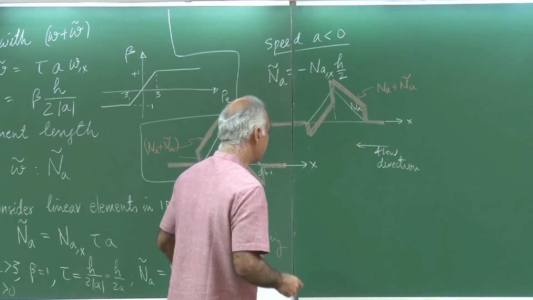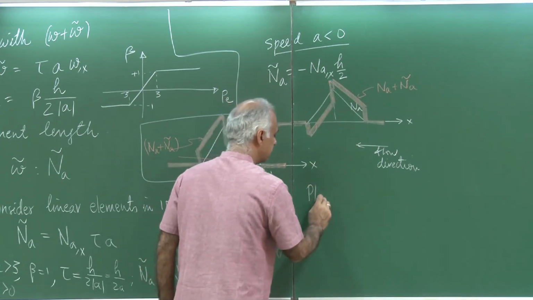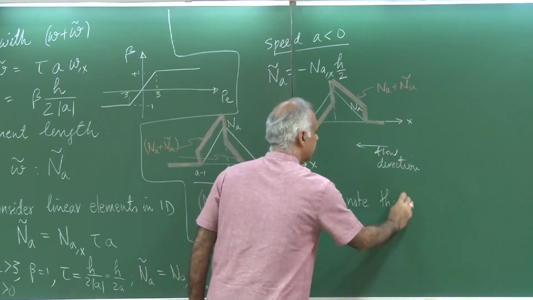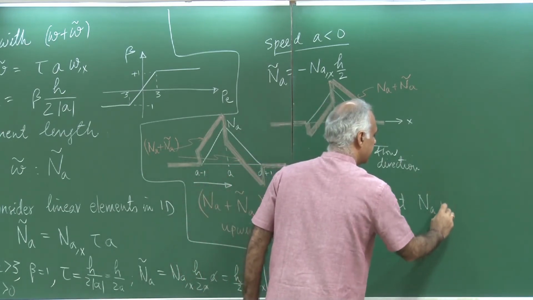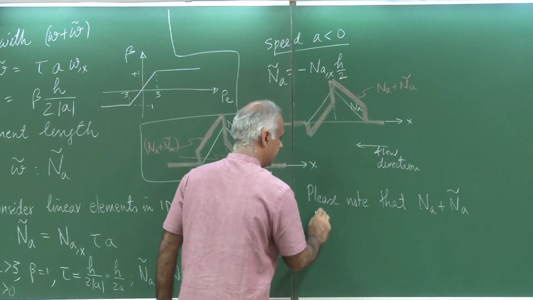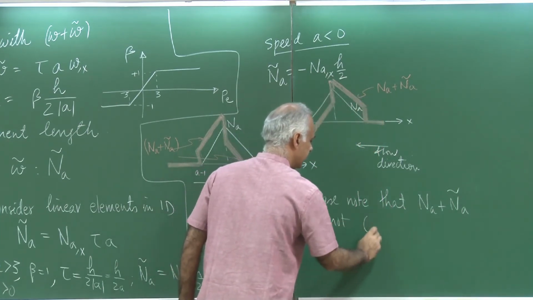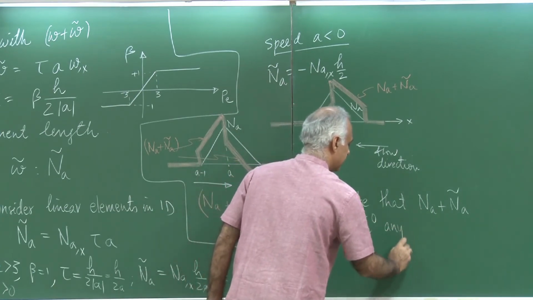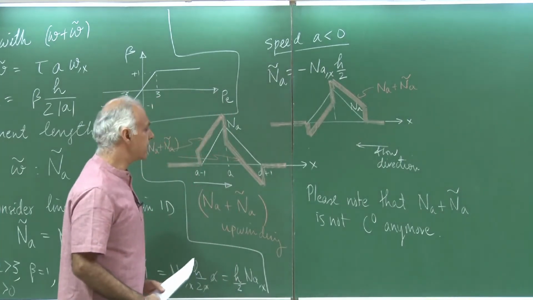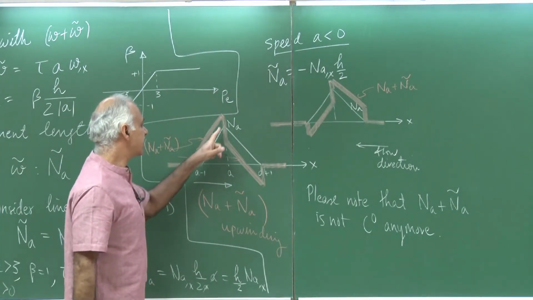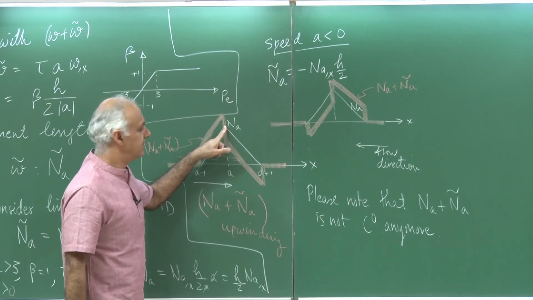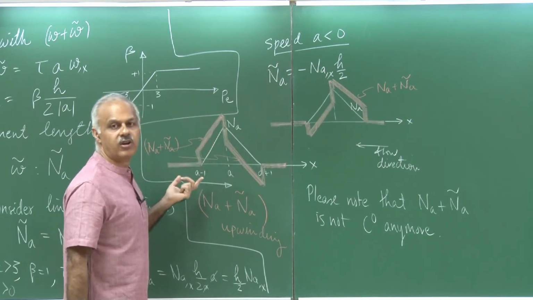There is one catch though, so please note that NA plus NA tilde is not C0 anymore. We had started out with functions that were C0, they were continuous across element boundaries. Unfortunately, we have lost that.